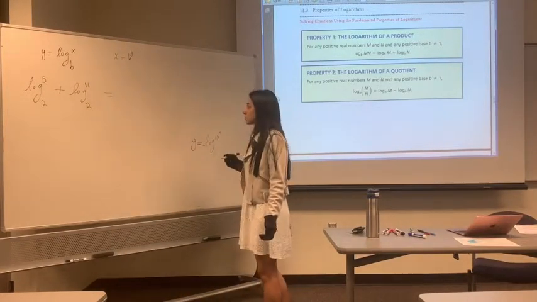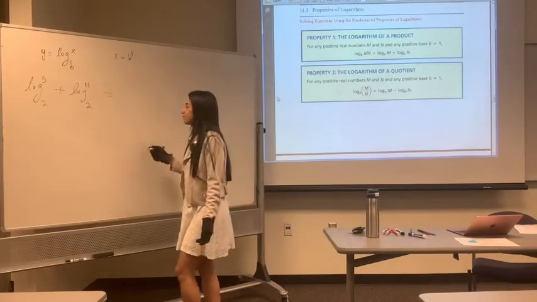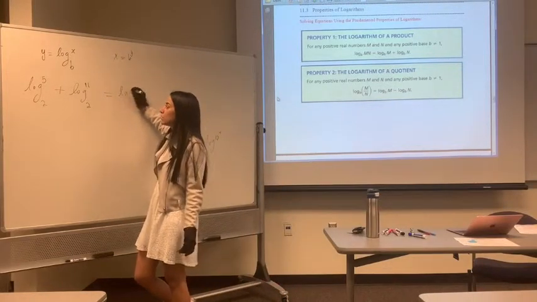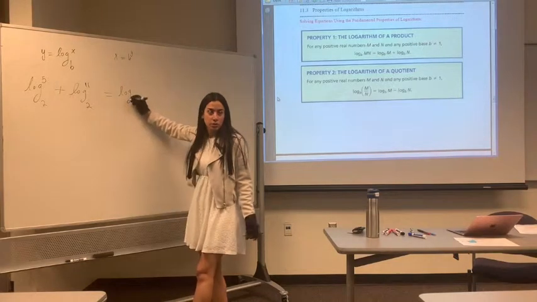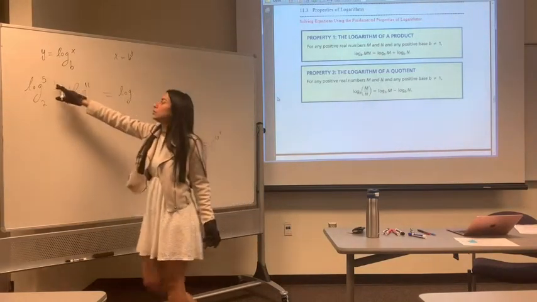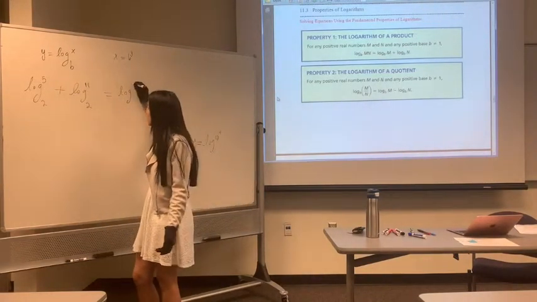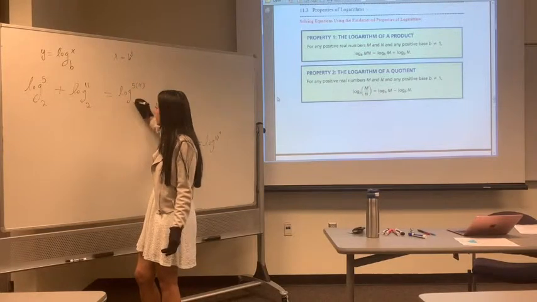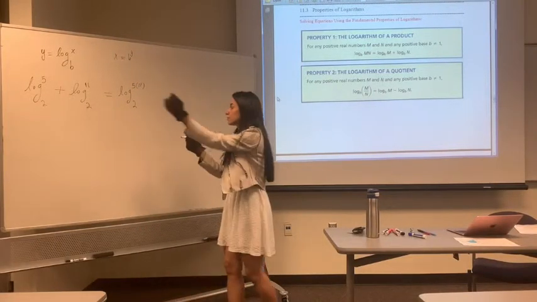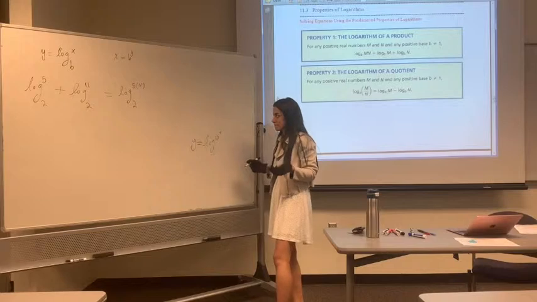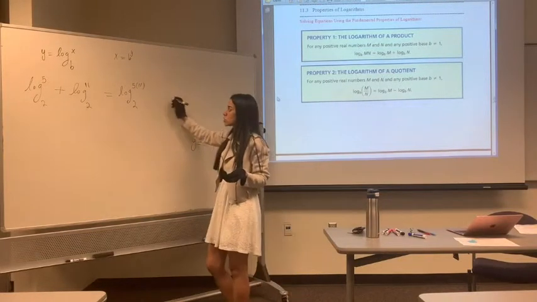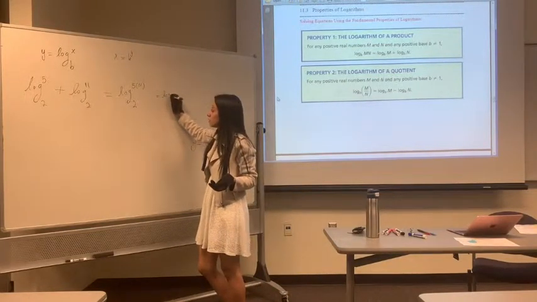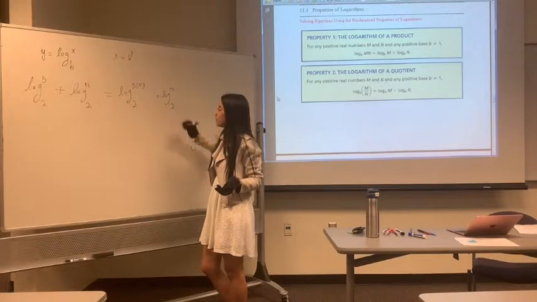You multiply these two numbers: 5 multiplied by 11, base 2. So you will have log 55 base 2.